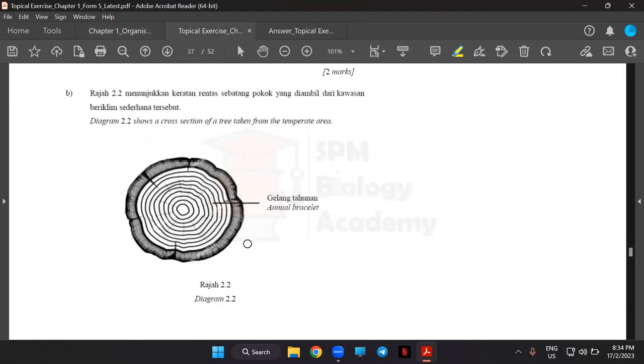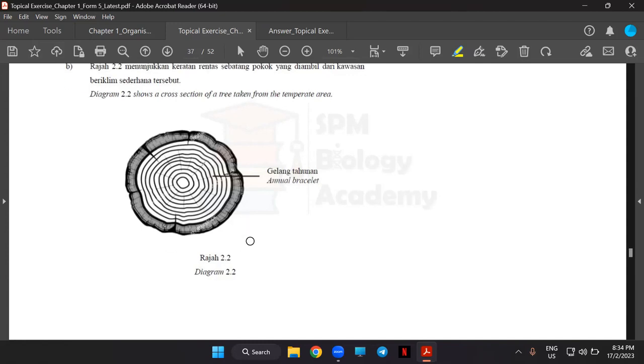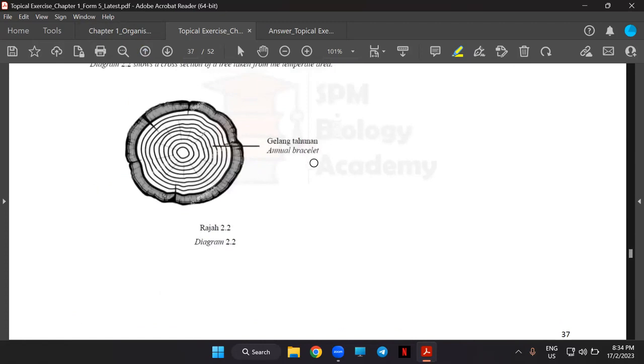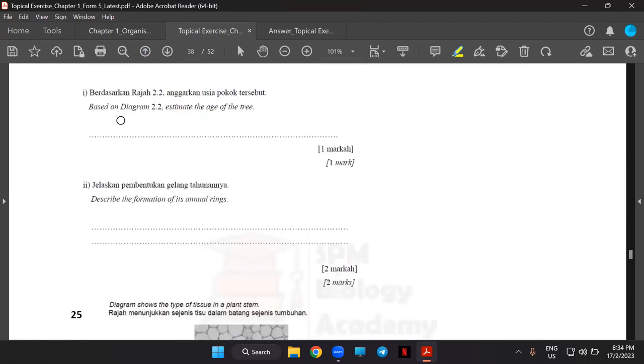Okay, B. Rajah 2.2 menunjukkan keratan rentas sebatang pokok yang diambil dari kawasan beriklim sederhana tersebut. Diagram 2.2 shows a cross-section of a tree taken from the temperate area. So, soalan pertama. This looks something like taken from the textbook if I'm not wrong. Berdasarkan Rajah 2.2, anggarkan usia pokok tersebut.